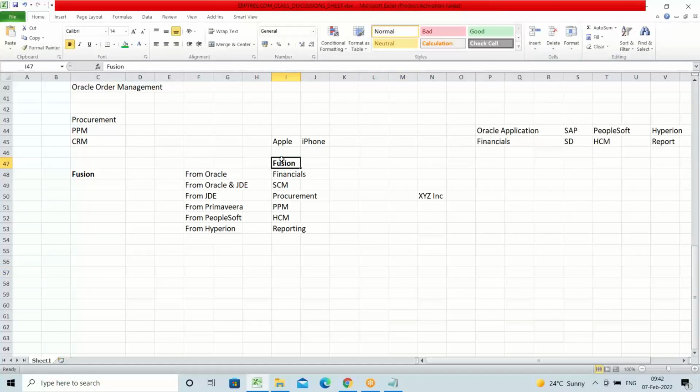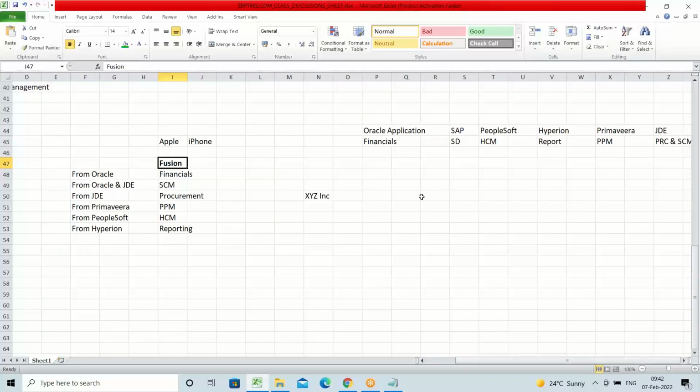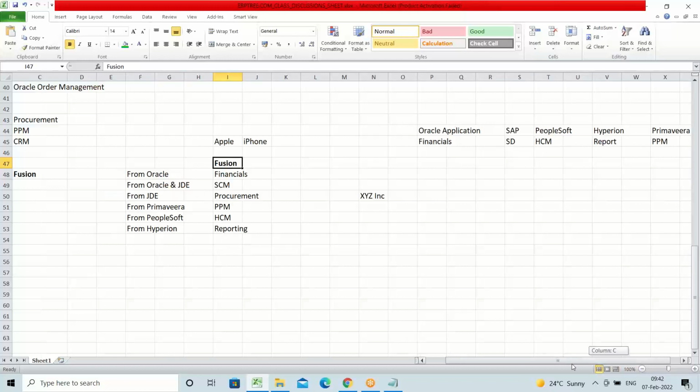Fusion means the collection of best solutions which are available in the other different applications, different ERPs you can say. Okay, what is the meaning of ERP we'll understand, but just I'm using the term to represent this. So in Oracle Financials is good, SAP SD is good, in PeopleSoft HCM is good, Hyperion reports good, and Primavera PPM good, and JD Edwards procurement and SCM is good.